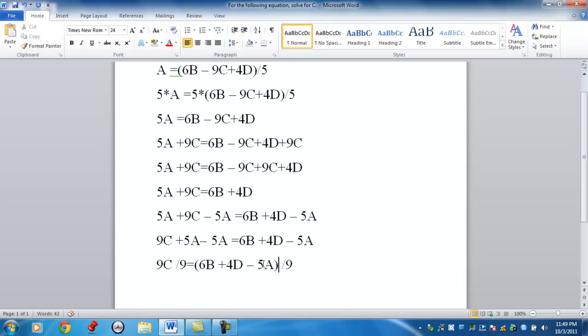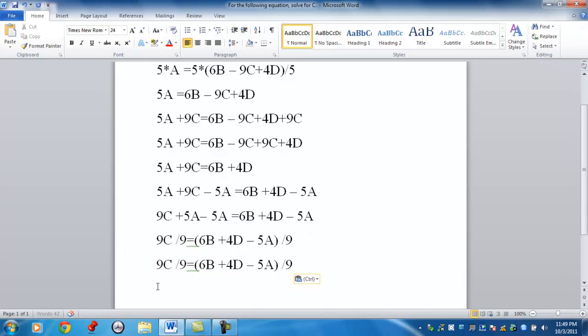So you're taking the combination of all 3 of those terms and dividing it by 9 in order to isolate C. When you do that, on the left-hand side, these 9's will cancel out, and on the right-hand side, you'll have this as your end result: 6B plus 4D minus 5A, divided by 9. And that will be our end result.